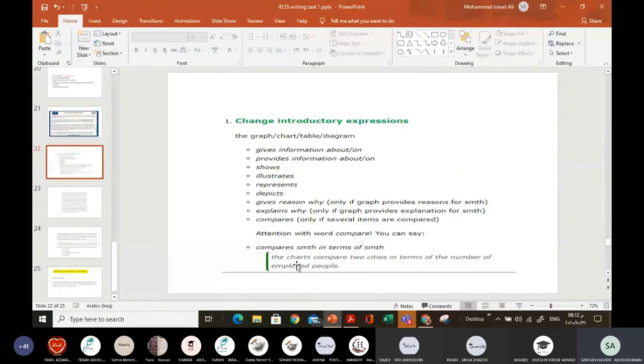The charts compare blah blah blah in terms of blah blah blah. For example, compare the people in France in terms of the number of schools in France or schools in the UK.